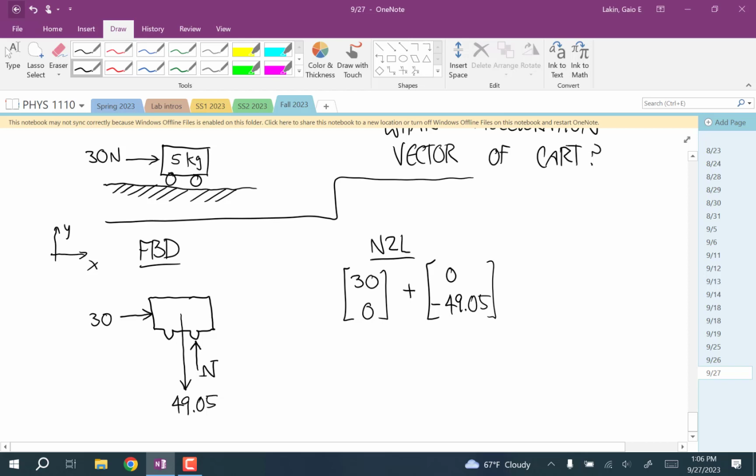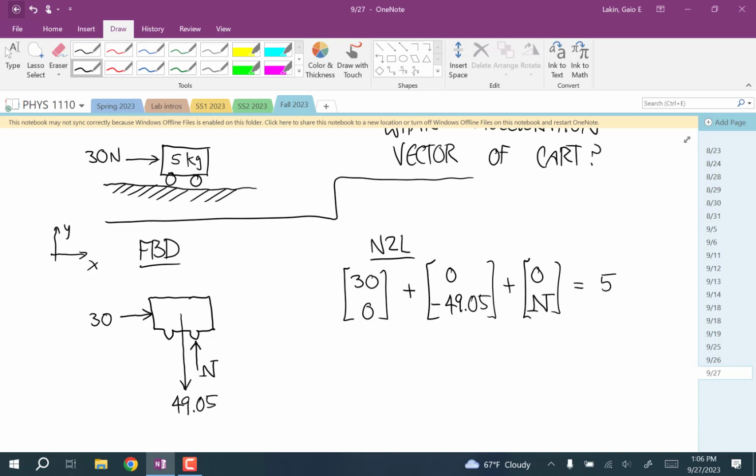And then the last force is that normal force. What are the components of that? It's pointing in the positive y direction with a magnitude of n. So it's just going to be 0 for x, positive n. And all those forces are equal to the mass of the body, which is 5 kilograms, times the acceleration.